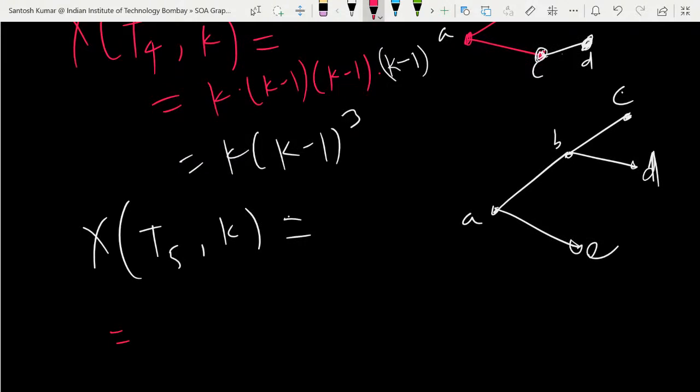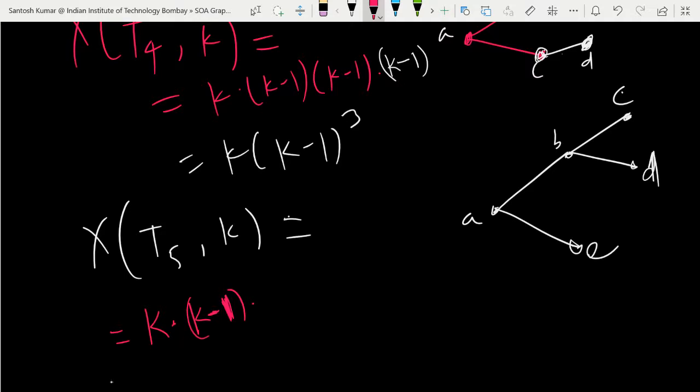For A, how many choices do I have? K. For B, K minus 1, because it has restrictions due to A. B cannot use the same color as A.